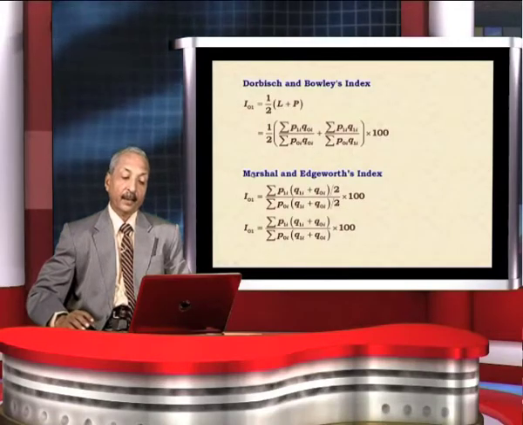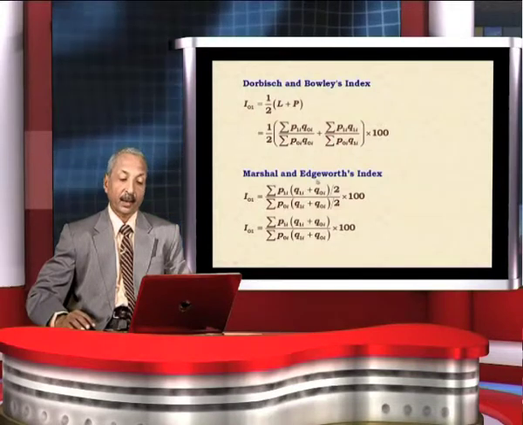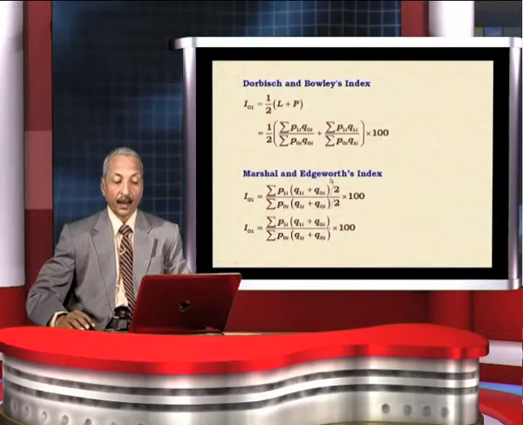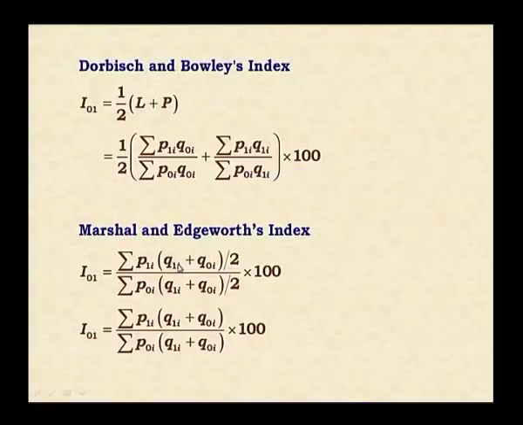The other index number formula was given by Marshall and Edgeworth. In this formula, the weights are taken as the average of the quantities in the base and of the current year. That is, the Wi here is equal to (Q1i plus Q0i) divided by 2.